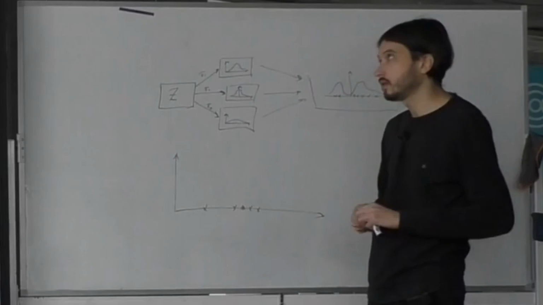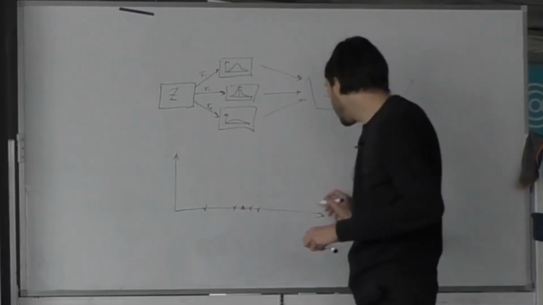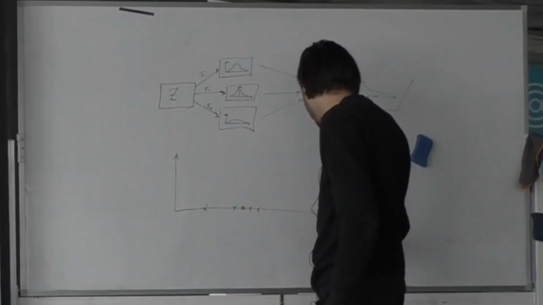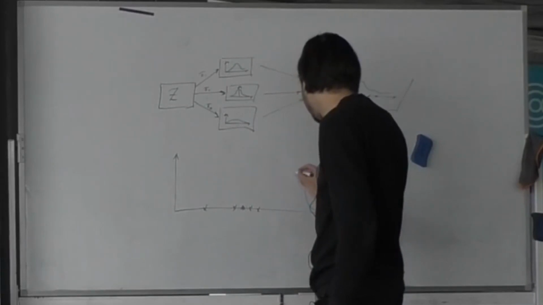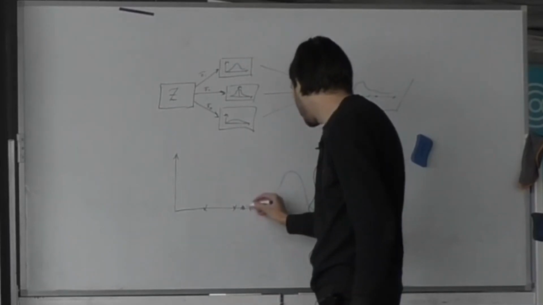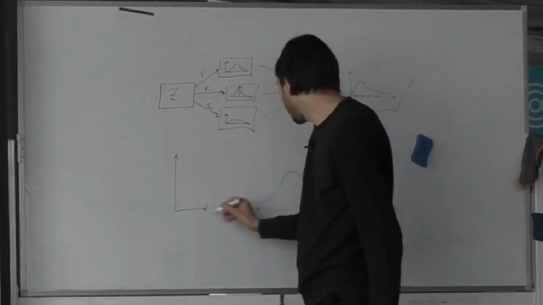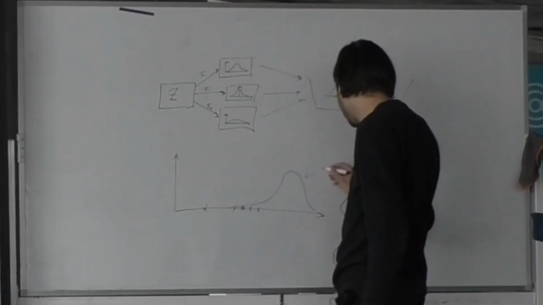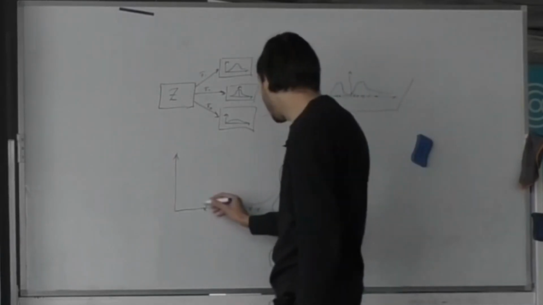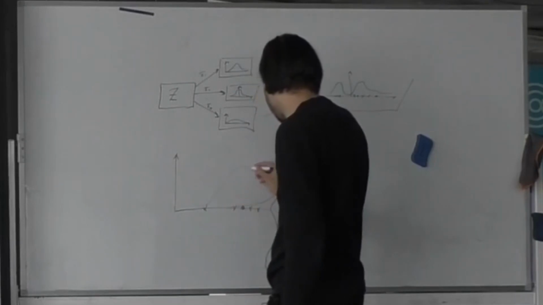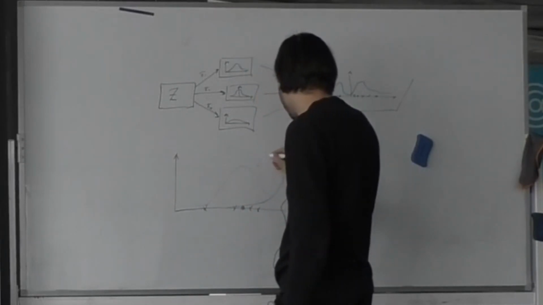But MLE is basically where I'm making a guess. So maybe they were generated with a normal distribution like this. This is my guess 1. Maybe they were generated with something like this. That's my guess 2.